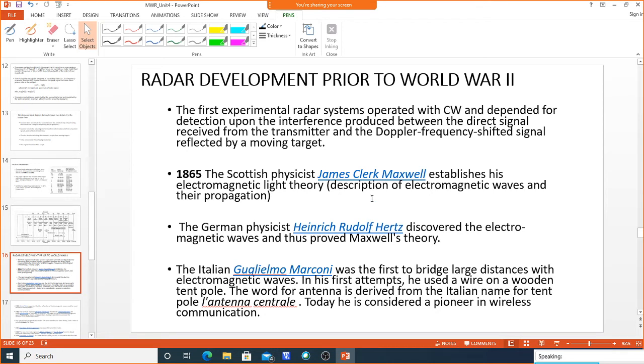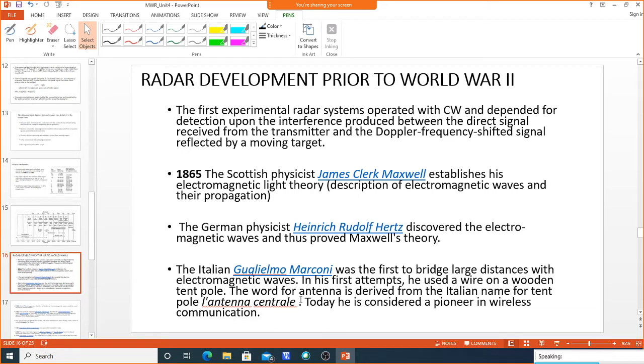After these two, Marconi established the first communication using electromagnetic waves. First he sent signals over a large distance, around 1 to 5 kilometers, and he tried to establish communication, and he received an echo signal which was reflected by some obstacles.